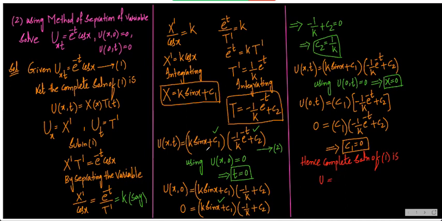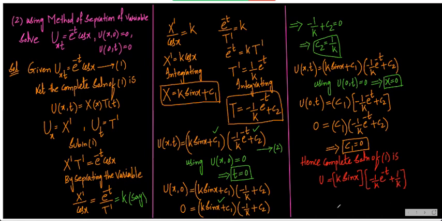If C1 is 0, what's the value you will get here? k sin x, correct? C1 is 0 now. Into what happened here? Minus 1 upon k e to the power of minus t, and C2 value is 1 upon k. What we can take common?